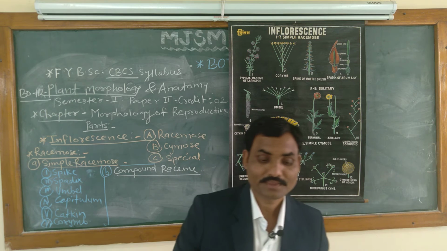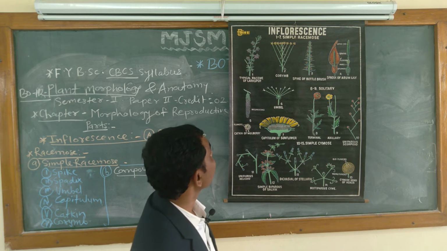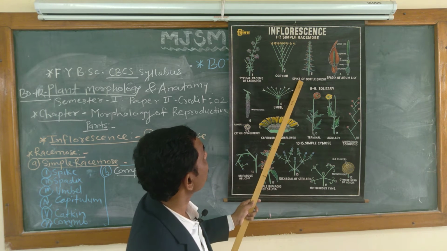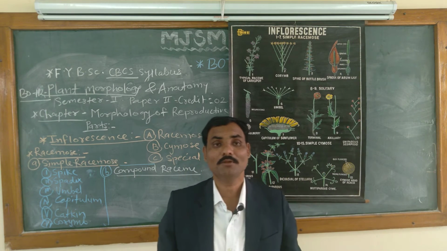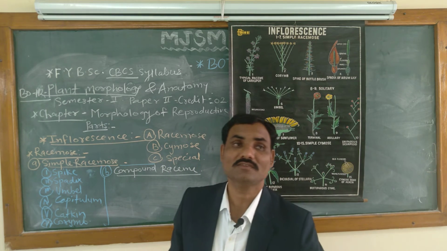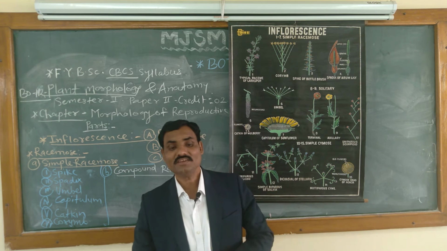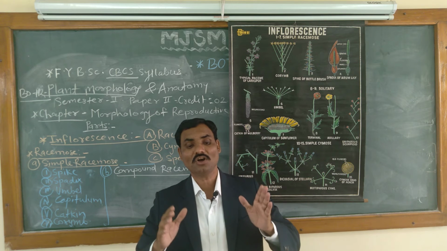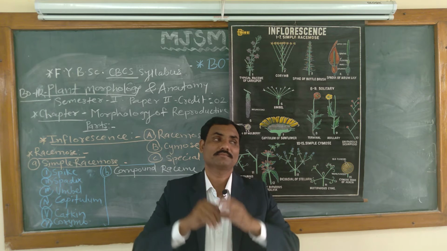Then another is the spike inflorescence. See, here is a spike inflorescence. What are the characteristic features of the spike inflorescence? Like racemose inflorescence, based on the branched or unbranched peduncle, it may be of two types.